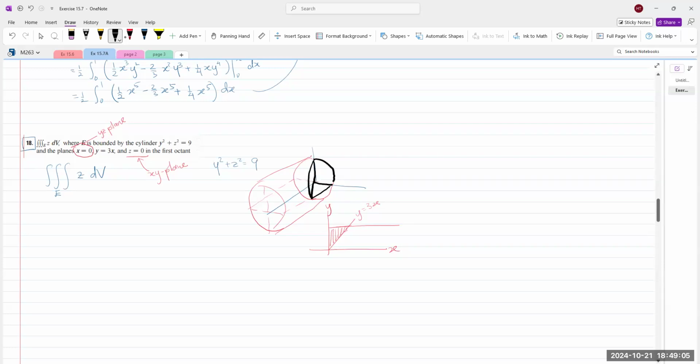Maybe if I see that from behind, so let's say this is the x-axis and this is the y-axis.